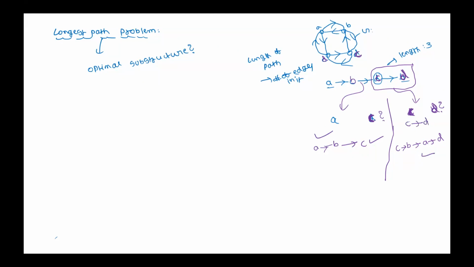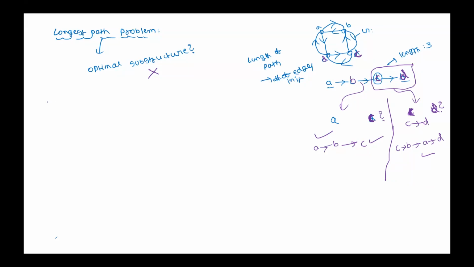This is the longest path. Hence it doesn't contain it. Hence, does the optimal substructure property hold here? No. Longest path problem doesn't have optimal substructure. Shortest path problem has optimal substructure. Matrix chain multiplication problem has optimal substructure.